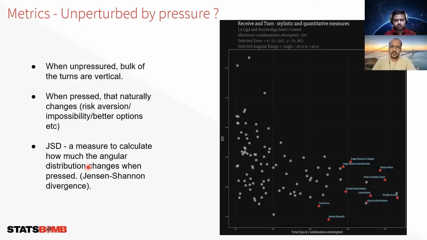How we've quantified this is by using the Jensen-Shannon divergence method, where they're basically quantifying the probability distribution of when players pass under pressure and without pressure, to see how much the distribution of angles changes. And as you can see, the really elite players like Sergio Busquets, Frenkie de Jong, the really good players, Toni Kroos, they're really unperturbed by pressure.